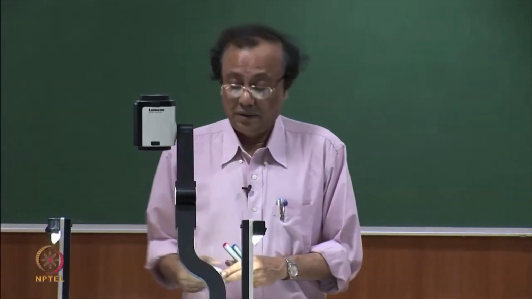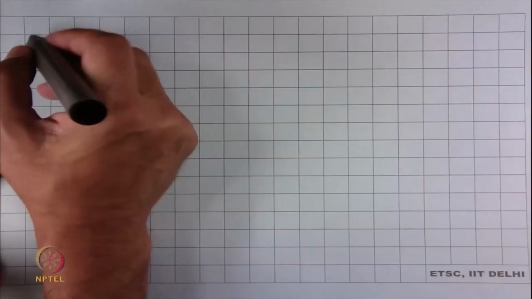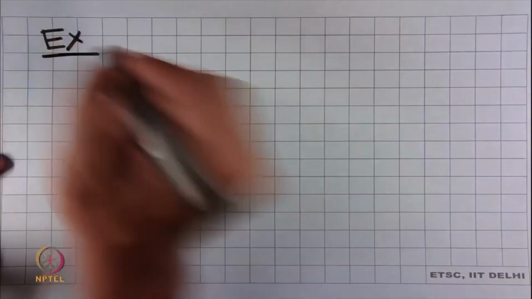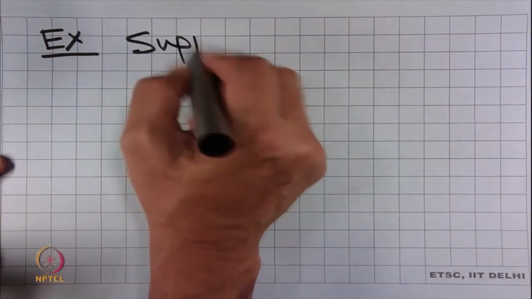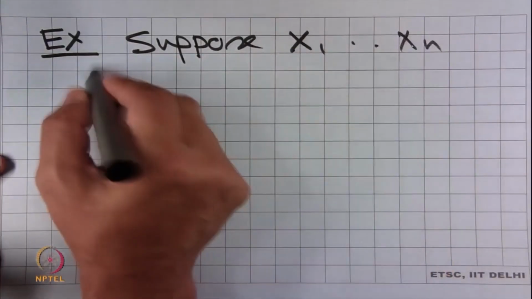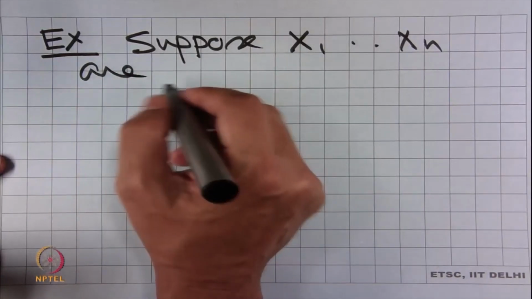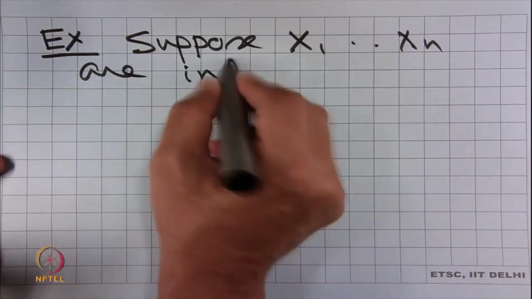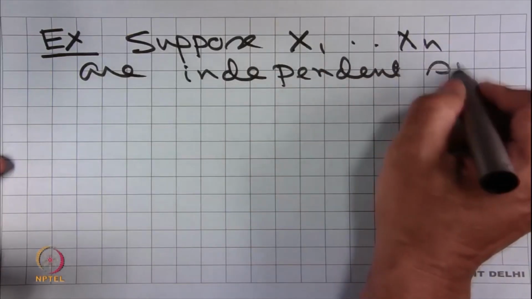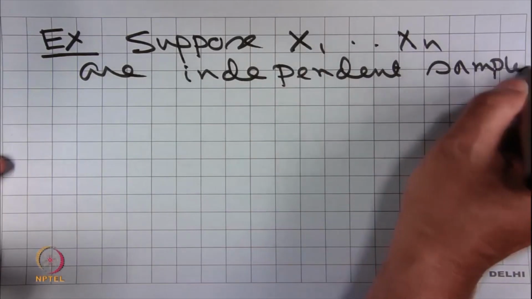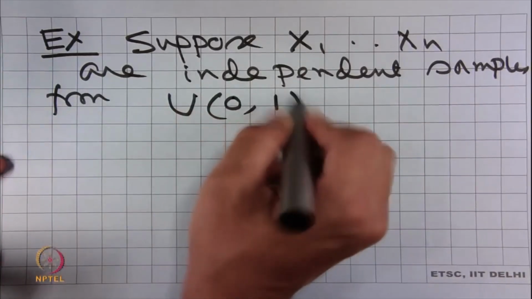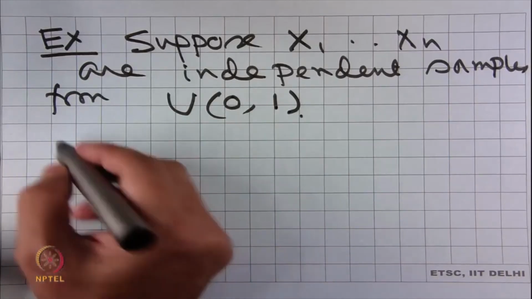Now, let me give an interesting example. Suppose x1, x2, ..., xn are independent samples from uniform 0 1.